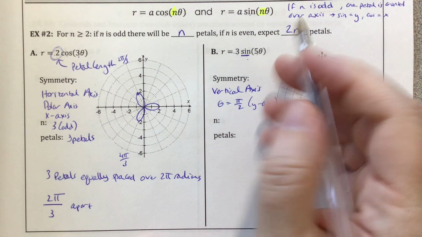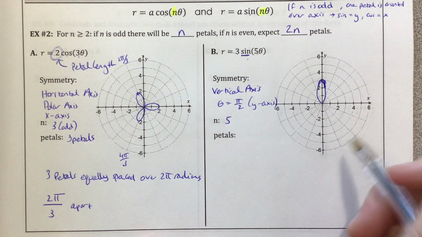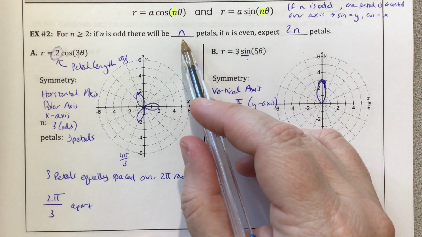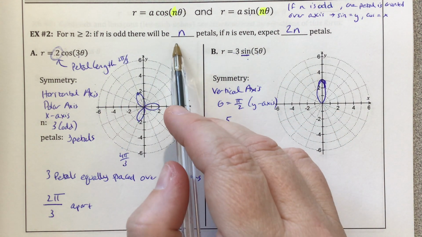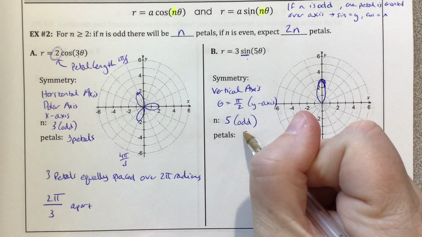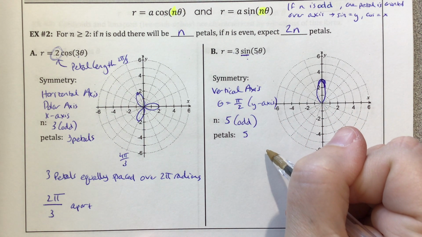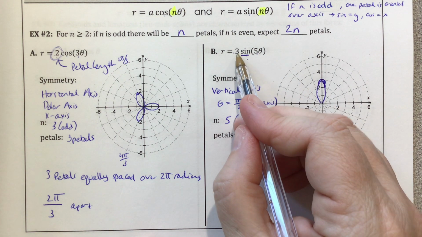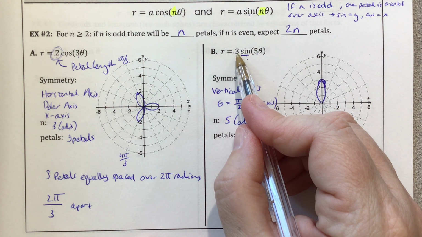Our n value is 5. Because that n value is an odd number, there are exactly n petals. Because this is odd, there are 5 petals, all 3 units long.